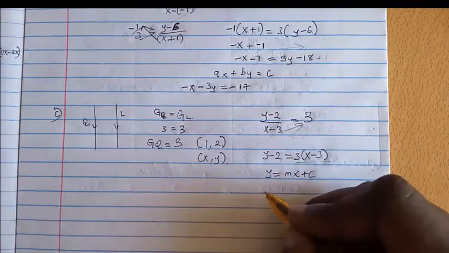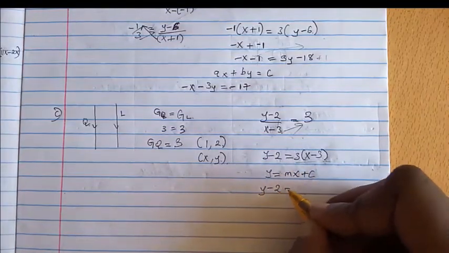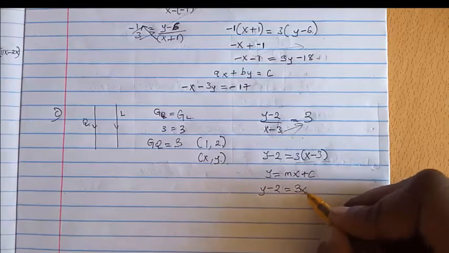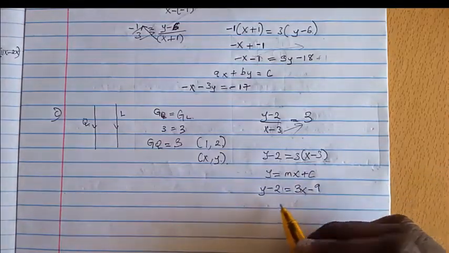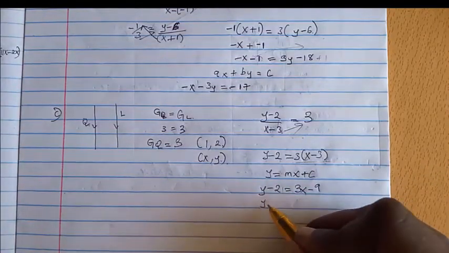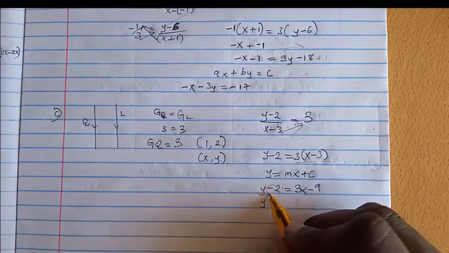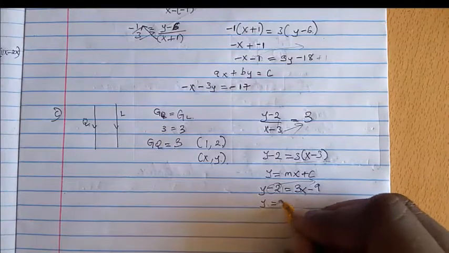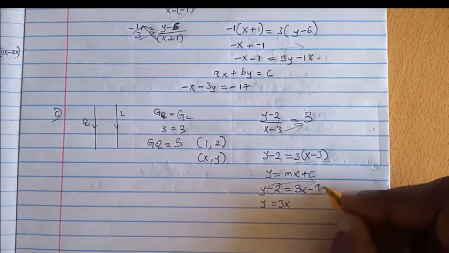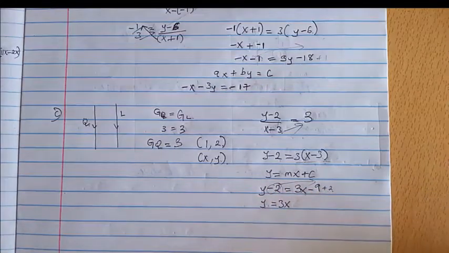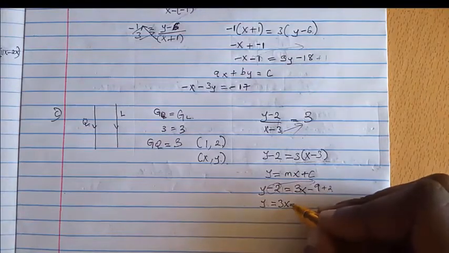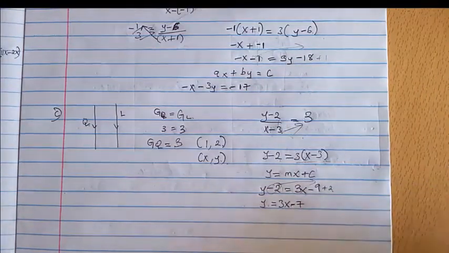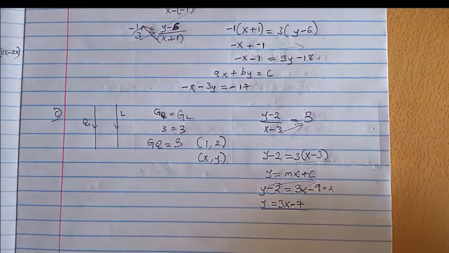And therefore, y, now this minus 2 will cross over to this other side. So it will be 3x. Now that will be plus 2. So negative 9 plus 2 will be negative 7. So this is the equation of the line of Q. So this is the equation of, let me say, LQ as line Q.